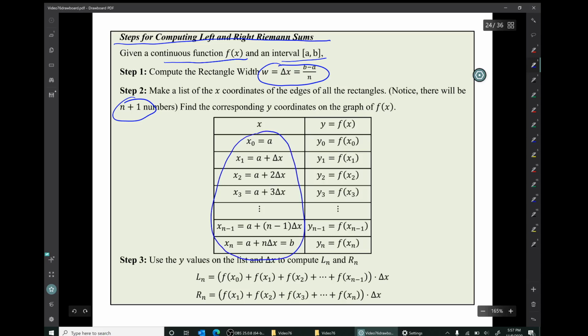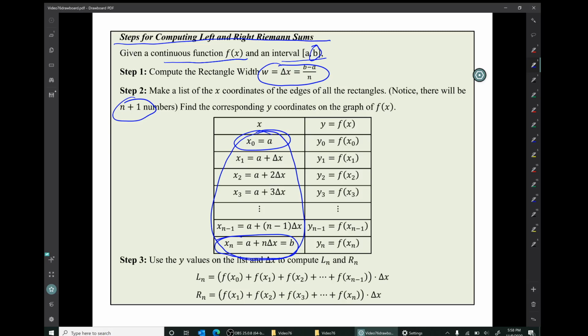Starting with x subscript 0, which is the x-coordinate of the left end of that given interval. And the last x value on the list will be denoted x subscript n. And it's going to be the value of b, that's the right end of that interval. And the x values in between are spaced apart, equal spacing.